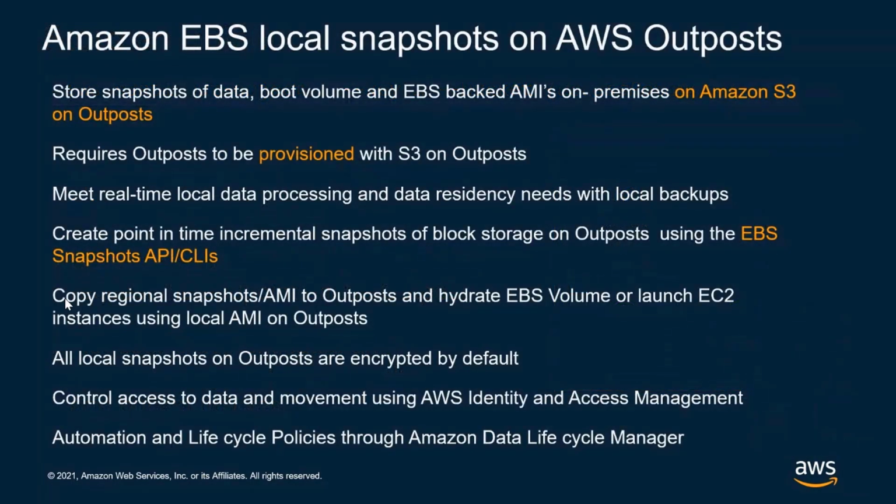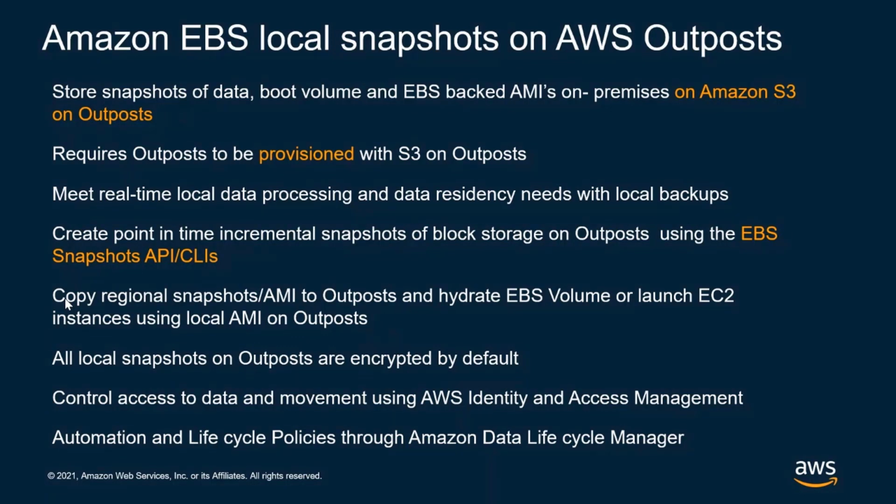I'm going to wrap it up before turning it over to David to talk about another key capability that goes hand in hand with S3. One of the ways people protect their applications and data is to use EBS snapshots, and in this case, snapshots can be stored locally on S3 on Outpost.